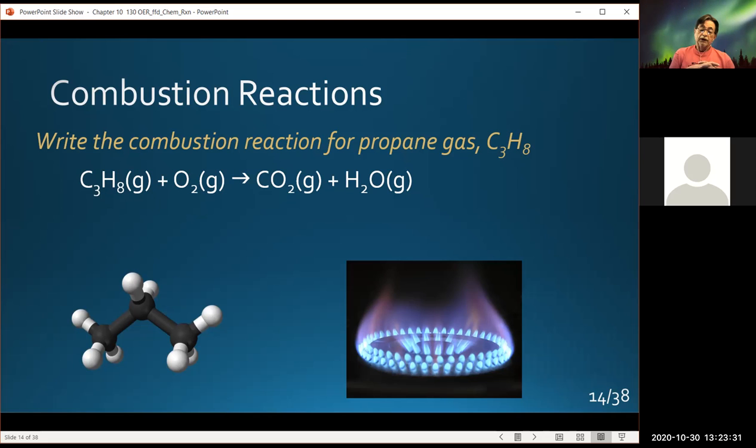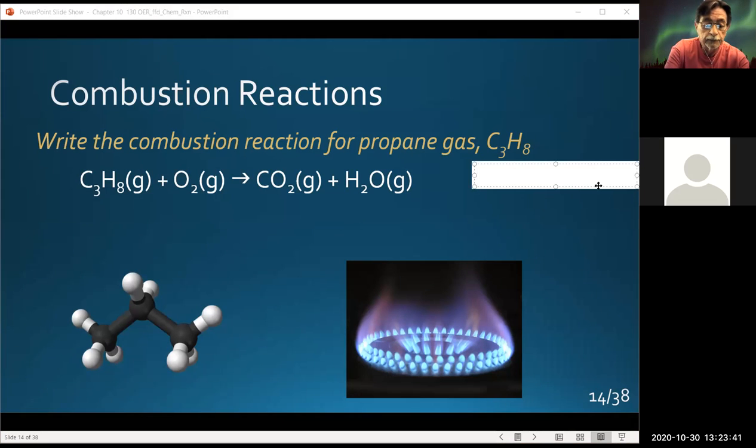That's propane. Now, we have a procedure for balancing combustion reactions. Step number 1, you balance the carbons first. Step number 2, you balance the hydrogens.